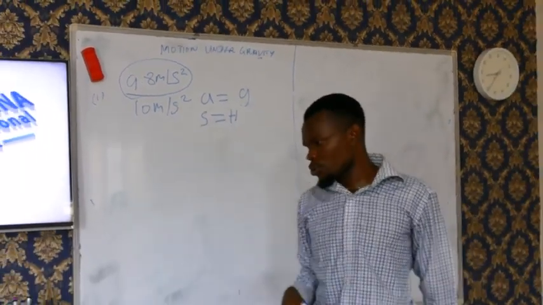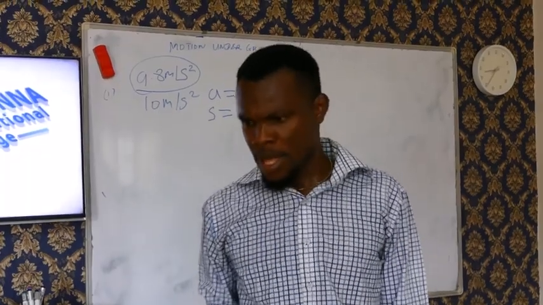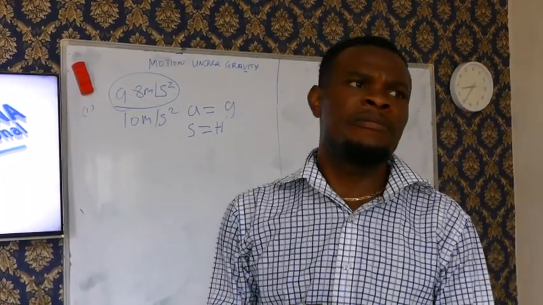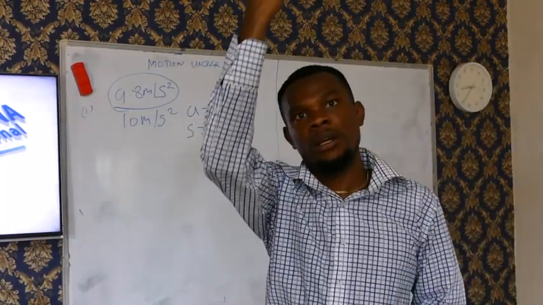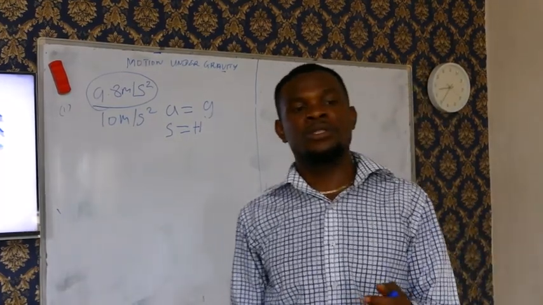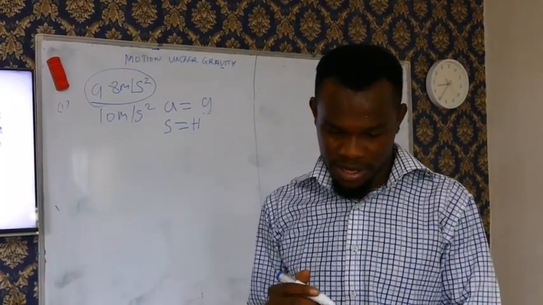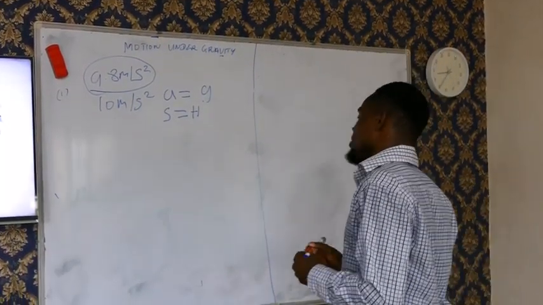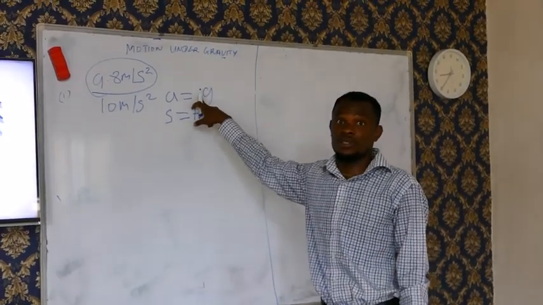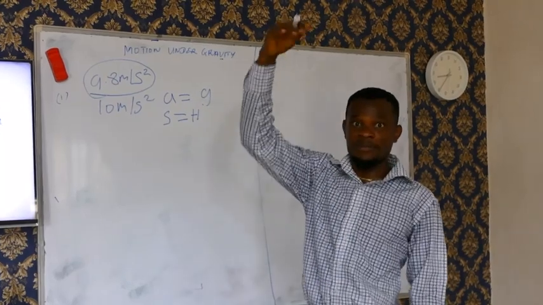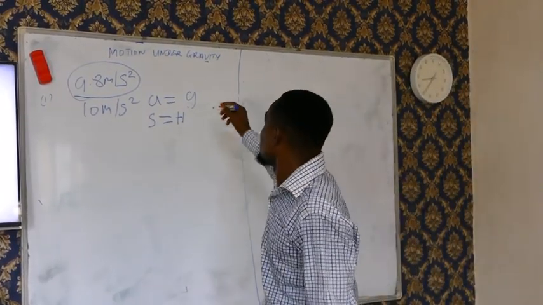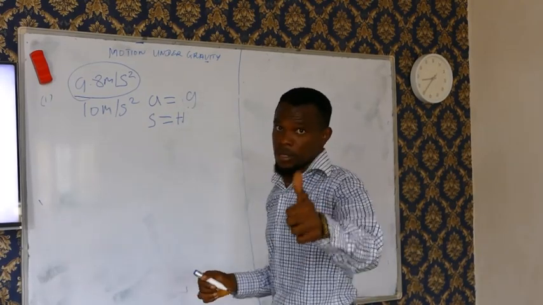Then again, another thing you should consider is whether the object is falling vertically downward or going vertically upward. When it is going upward, it is assumed that it's going against gravity. And when it is going against gravity, you assume g, which is acceleration due to gravity, to be negative. But when it's falling downwards, then it's positive. This is what I mean.